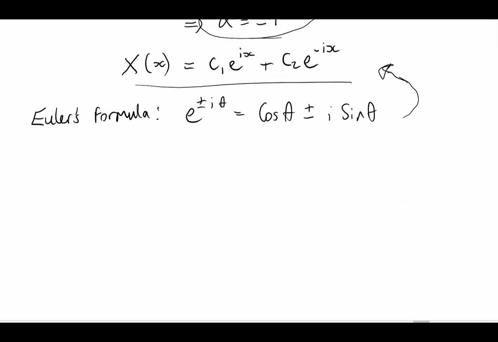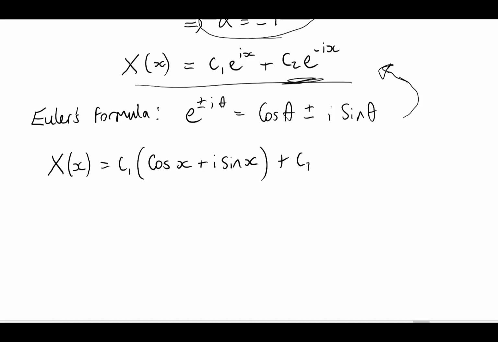And so what we end up with is C1, and inside we've got e to the plus ix. So that's like e to the plus i theta in here. So C1, and that becomes cosine x plus i sine x. And now we've got this plus C2 piece in here. So that's plus C2, and that's cosine x minus i sine x.